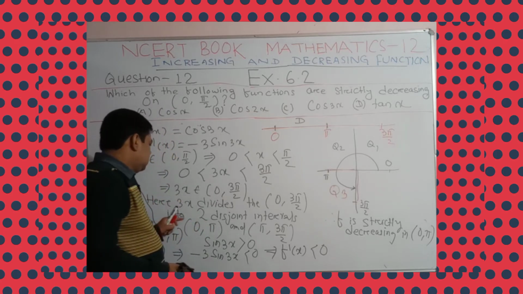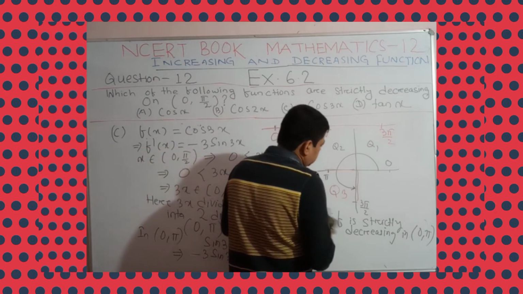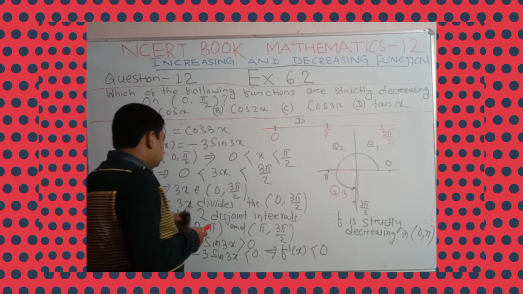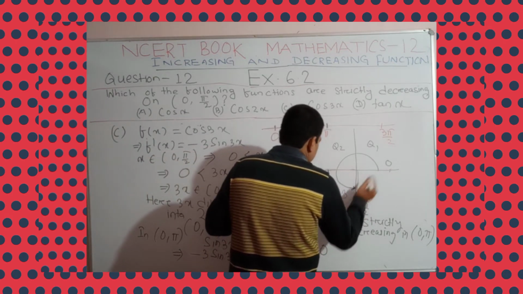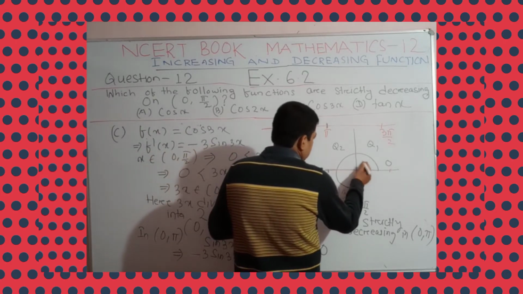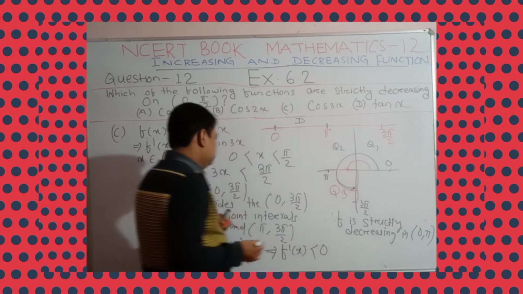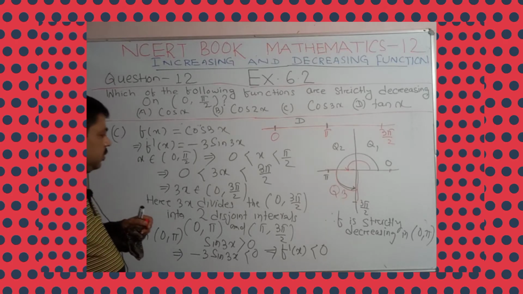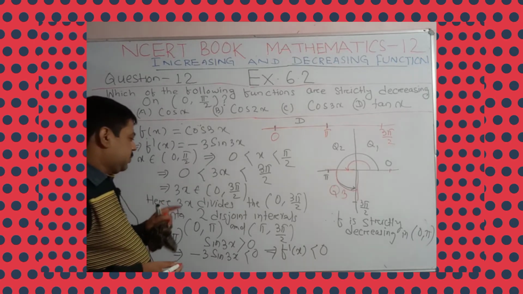Now 3x divides the interval 0 to 3 pi by 2 into two disjoint intervals. One is 0 to pi, another is pi to 3 pi by 2.